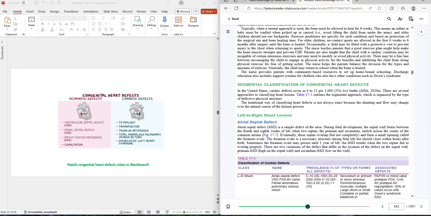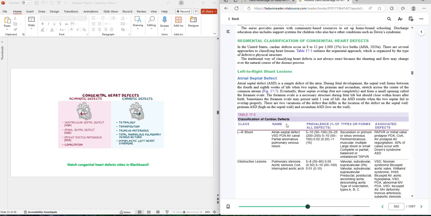And we know what cyanotic means, right? The blood is not perfused with oxygen, and they are divided up into different groups. So we have some defects over here for acyanotic, and then we have some for cyanotic. So we're going to talk about the acyanotic first. Atrial septal defect is an acyanotic defect, okay?